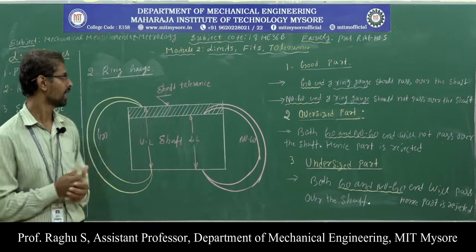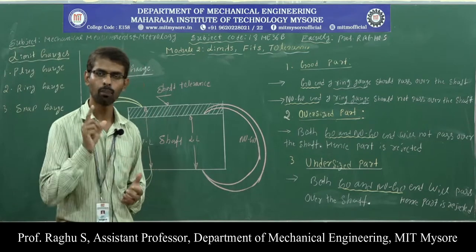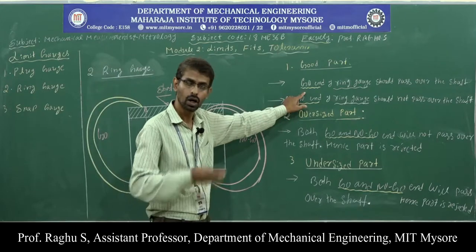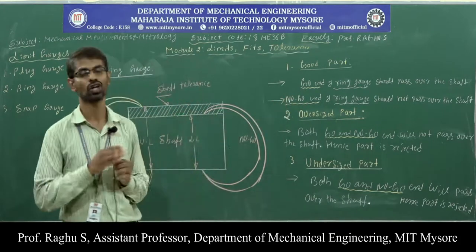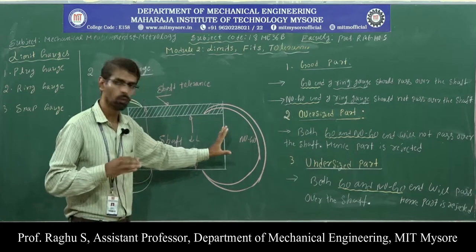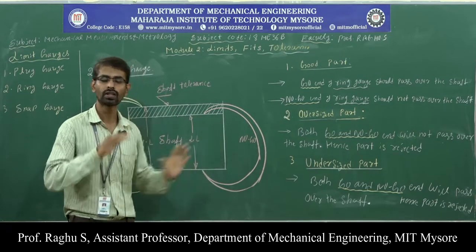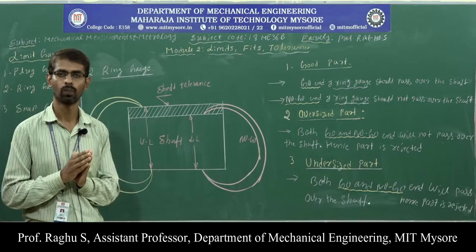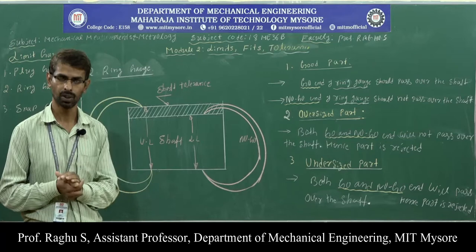Now, let us discuss the acceptance of the part. The part will be accepted when the go end of the ring gauge passes over the shaft, and the no go end of the ring gauge does not pass over the shaft. Then only the part is considered a good part. That means the part is accepted.